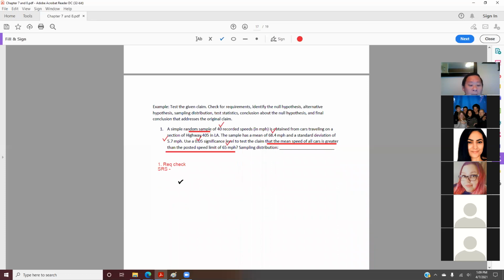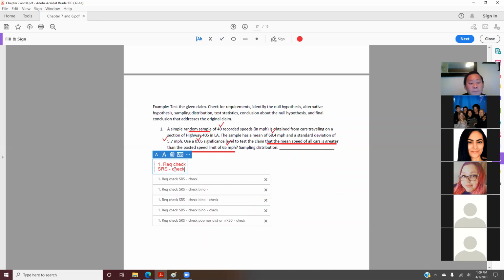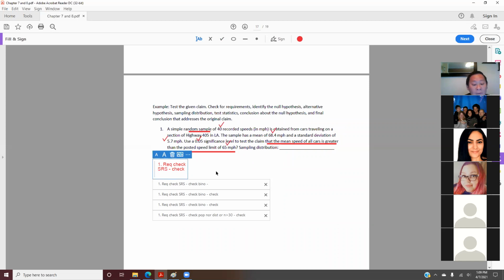So when you do the requirement check, the first thing we need to figure out is, is this a simple random sample? You have the words random sample here, so that means this is checked. And you have 2 requirements. The second requirement is to check if your population is normally distributed or your sample size is more than 30.